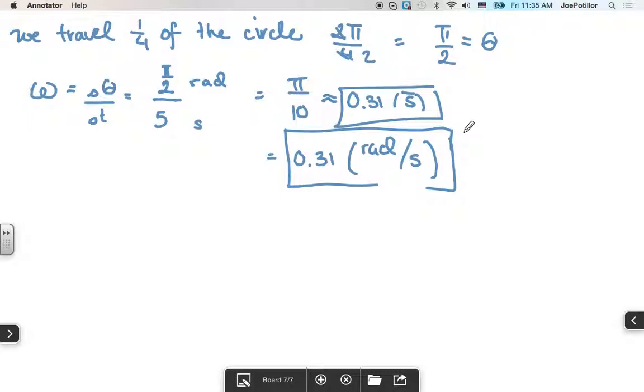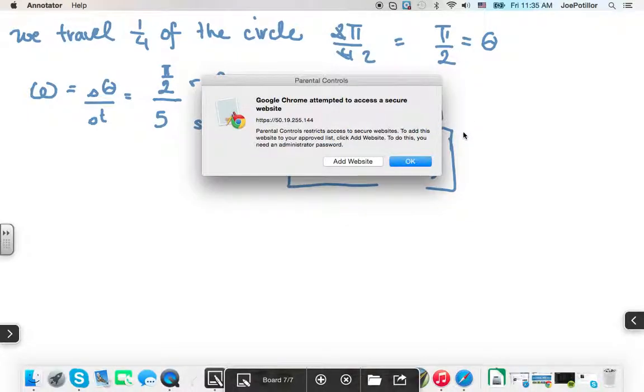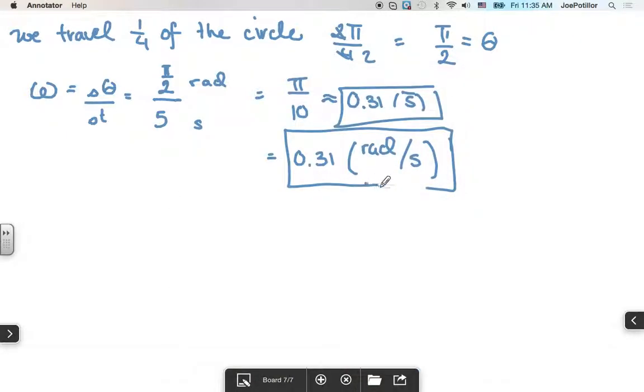Alright. Next particular point to talk about is manipulation of equations. Of course, all equations can be manipulated, and these rotational equations are no exception to that rule.